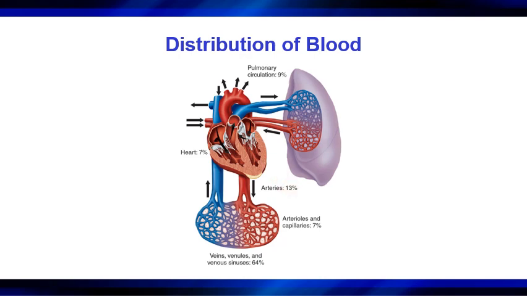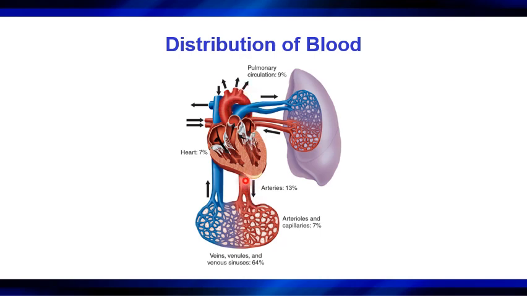So what it's showing you is both the arterial and the venous components and the percentages of blood throughout the circulatory system at rest. Some other things we want to talk about. Coming from the left ventricle, blood's going to get pumped out into the circulation.